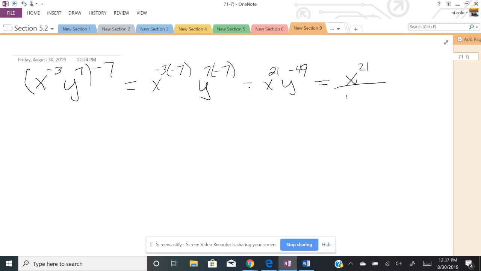And it's going to become y to the 49th. Okay, you could also do this problem as 1 over x to negative 3, y to the 7th, to the power of 7, and continue on that way. You will still come up with the same answer. Try it.